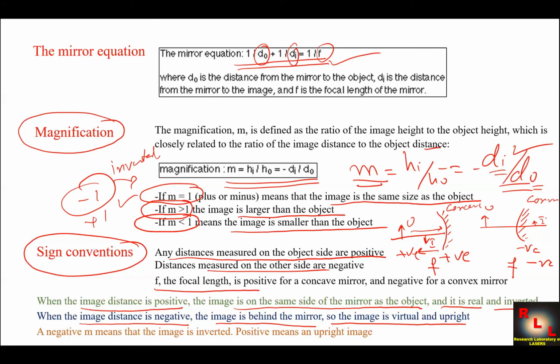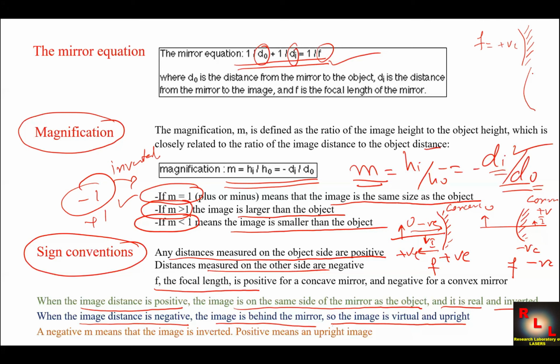Like in this case, M will be positive, and in this case, M will be negative. In this case, which is concave, F is positive.